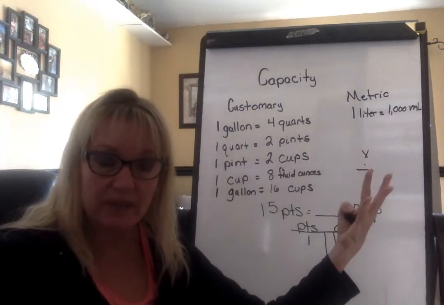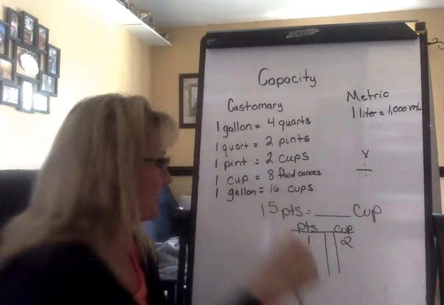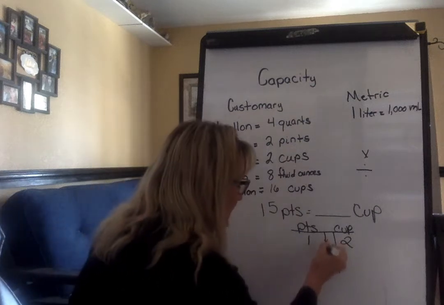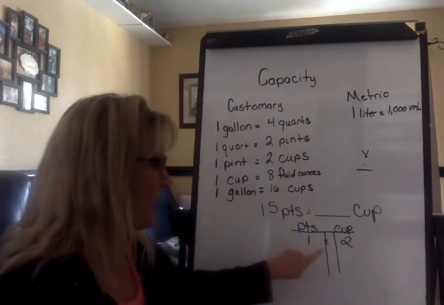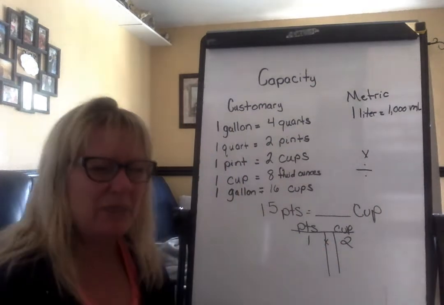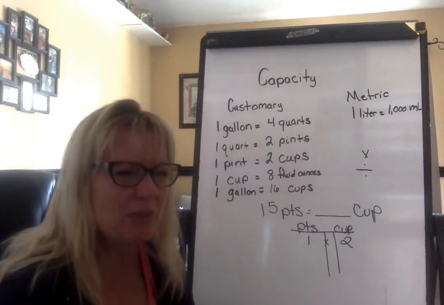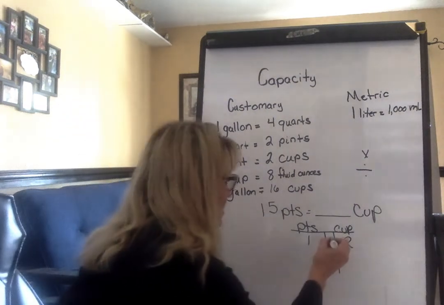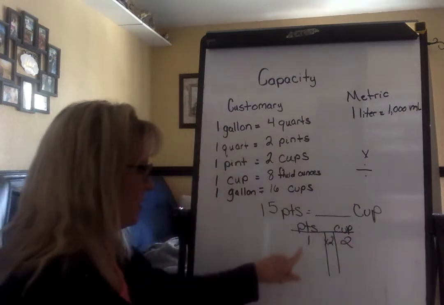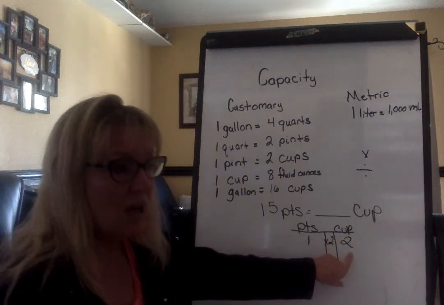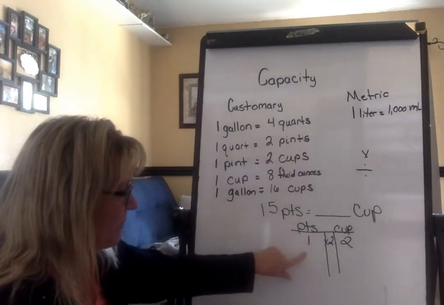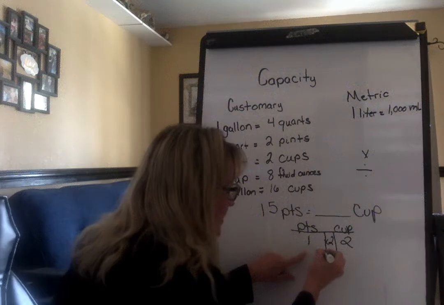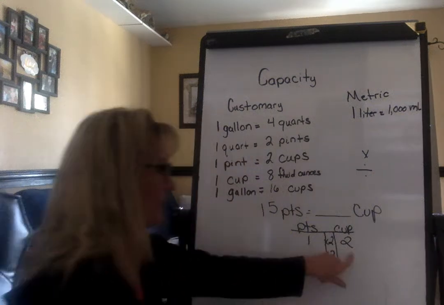Multiplication makes our outcome bigger, so I'm going to multiply. 1 times what would give me 2? Oh, 1 times 2 equals 2. My rule is, however many pints I have, I times it by 2, and that'll tell me my cups.